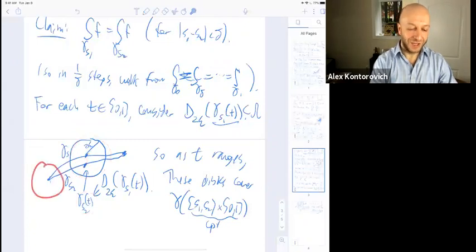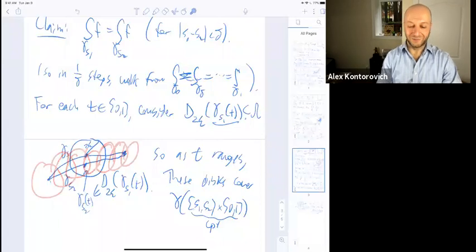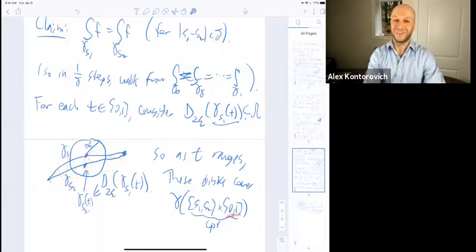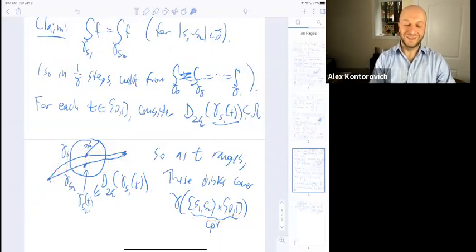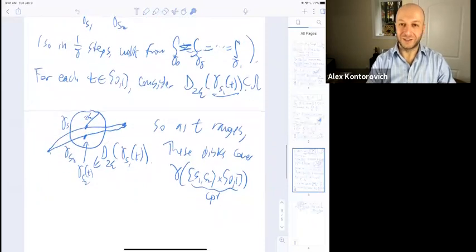And so as I change disks, I get uncountably many of them. And they cover this continuous image of a compact set, which is compact. And so I only need finitely many such disks.